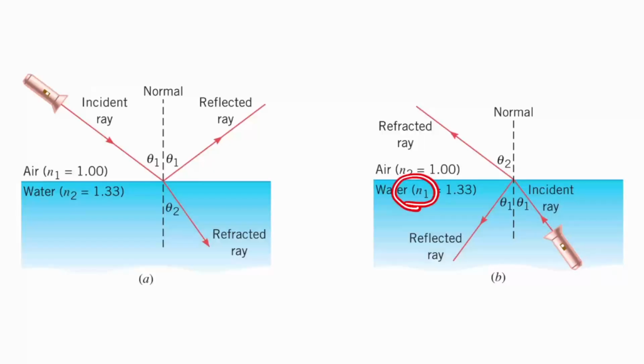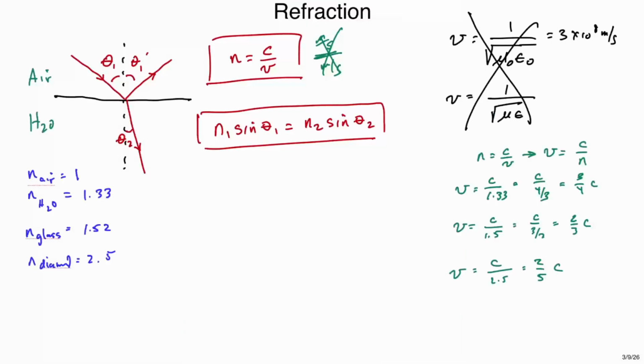Number 1 has ended up down below. So don't get hung up on this. Don't ever think that 1 is always the top and 2 is always the bottom. It completely depends on which way the light is initially hitting the change in medium. And I'll demonstrate some of that too.